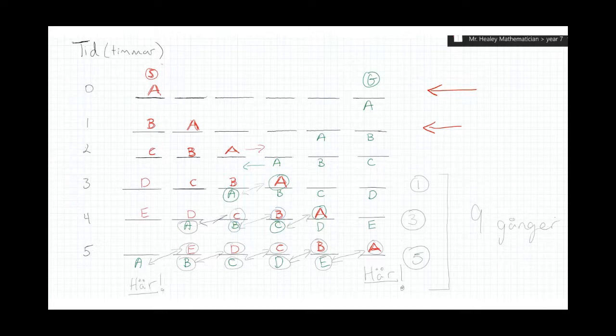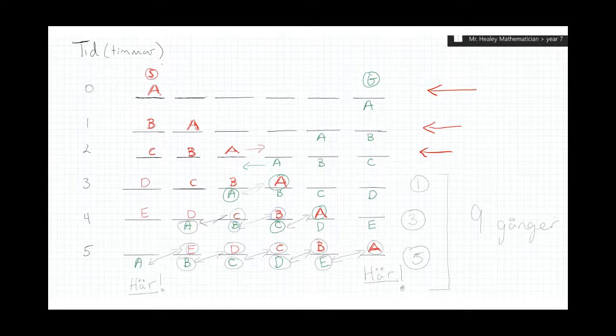And train B is on deck. They're ready to go from each station. Now let's check out the second hour. Train A has advanced from Stockholm and from Gothenburg, but they have not met yet. Train B and train C are also in the scenario now. Train C is on deck waiting to leave the station.